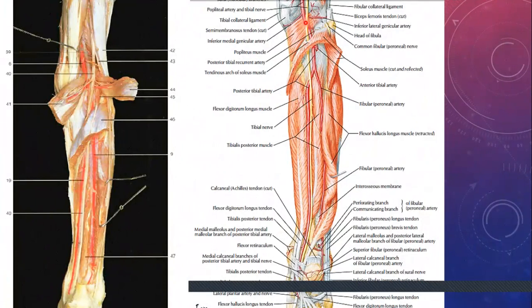Okay, when the popliteal artery crosses the soleal arch, it gives off a branch, the anterior tibial artery, which will pass through a gap above the interosseous membrane, and this common trunk here will divide into the posterior tibial artery and the peroneal artery.